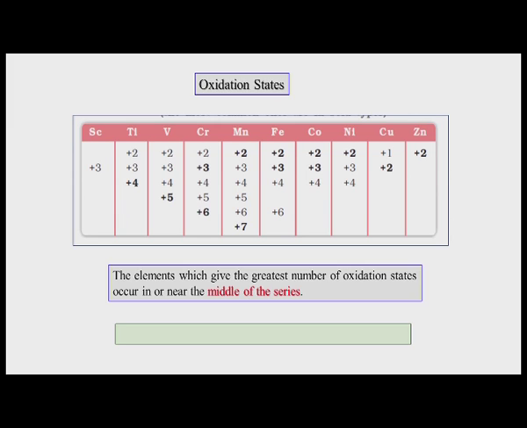A large number of oxidation states aptly fits chromium, manganese and iron, which are close to the middle of the series. That is why they give all these different oxidation states.